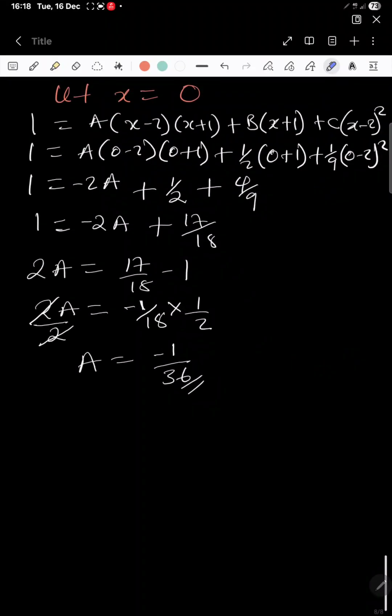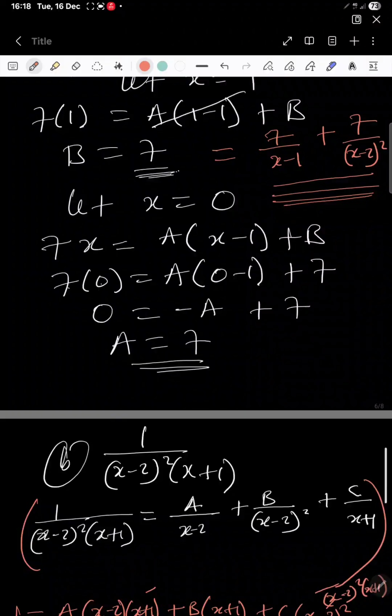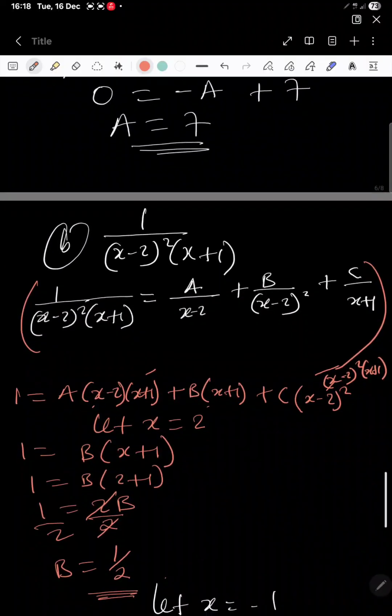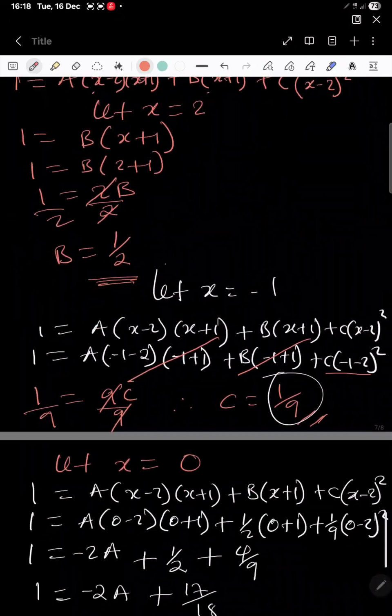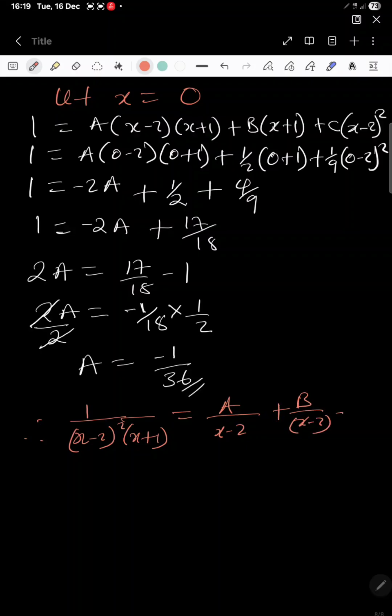So by doing so, we are going to say therefore our final answer, if we are decomposing 1 over (x minus 2) squared times (x plus 1), is that our answer was a over x minus 2 plus b over (x minus 2) squared, then plus c over x plus 1. So we've already found the values of a, b, and c, so we just replace them.